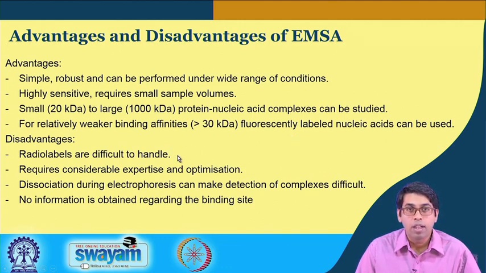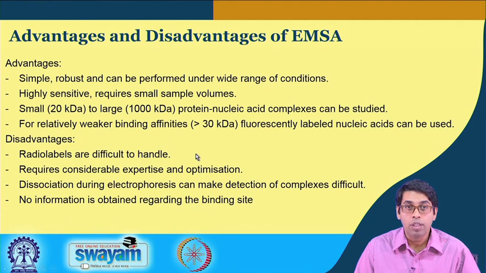The disadvantages are that for high sensitivity, you have to work with radioactive samples, which are always cumbersome and also difficult to handle. This type of experiment, even though it is just running a gel, requires a considerable amount of expertise and optimization. It is not that you can just run one gel and you will get very good data. These experiments need to be repeated several times to get very good and reproducible results.